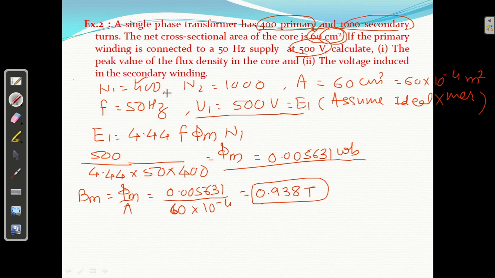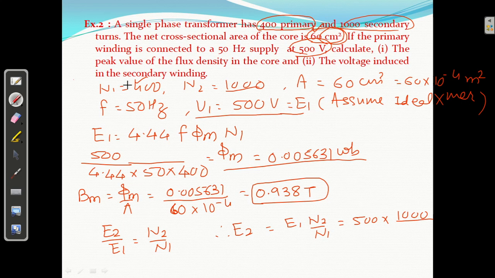The voltage induced in the secondary side. We know E2 upon E1 equal to what? N2 upon N1. That is K. So this is known. So here E2 equal to what? The voltage induced in the secondary, E2 equal to E1 into N2 upon N1. E1 is how much? 500 into N2 is how much? 1000 upon N1 is how much? 400.